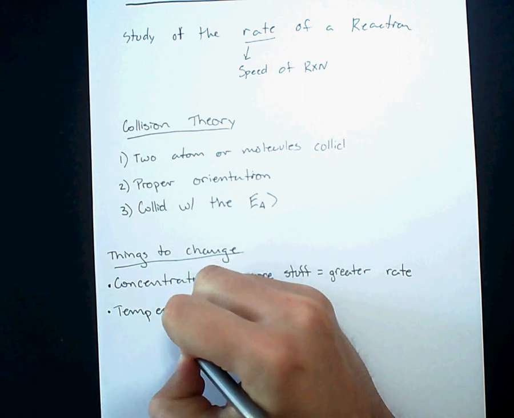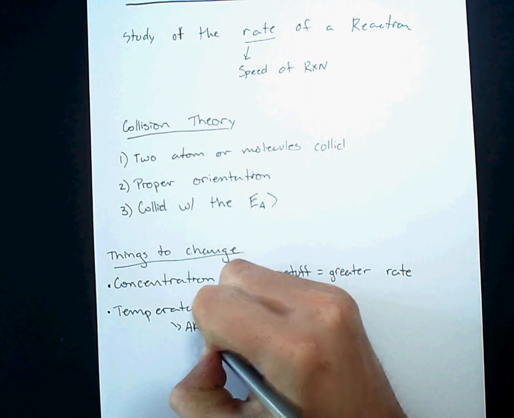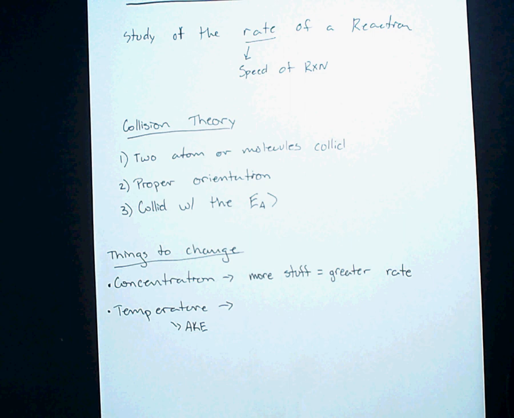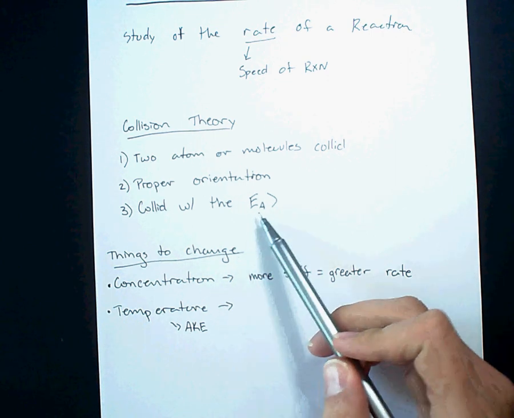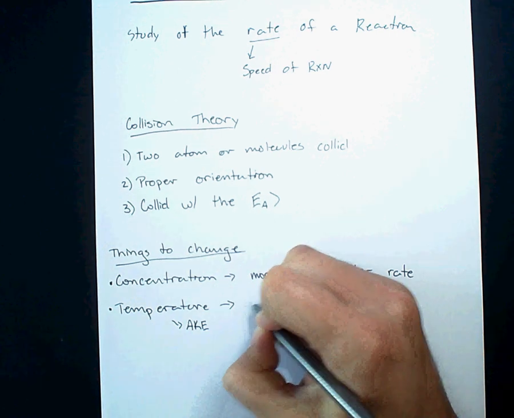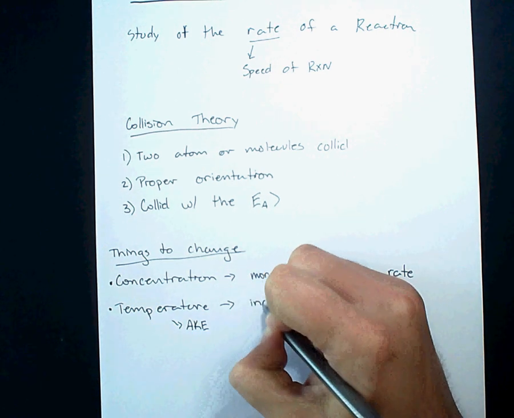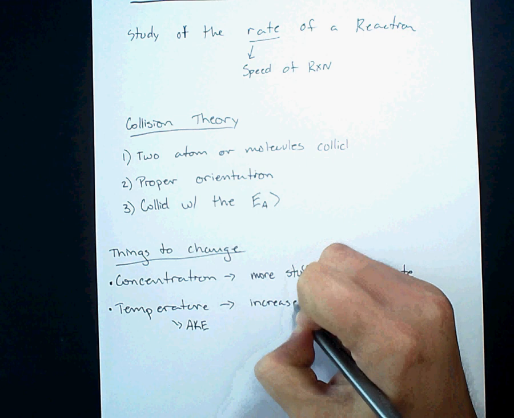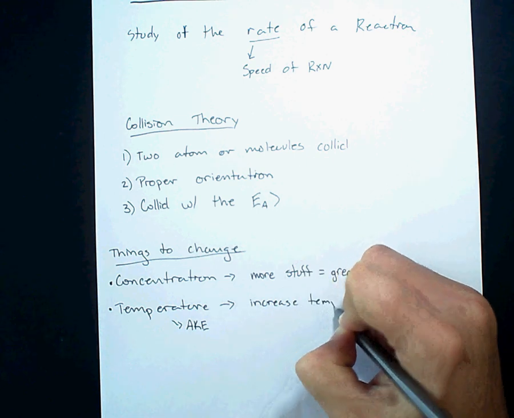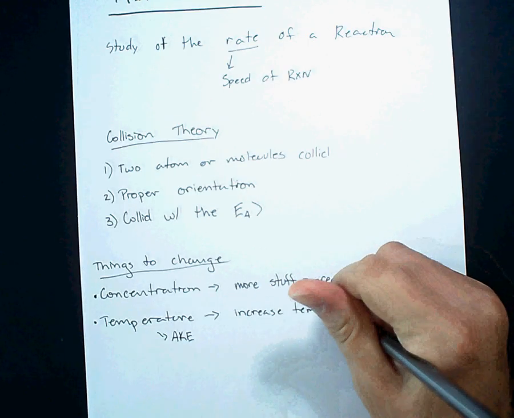So if you increase the temperature, you are going to be increasing the average kinetic energy. If you increase the average kinetic energy, more molecules will collide with the activation energy. So if we increase temperature, that's going to equal a greater rate.